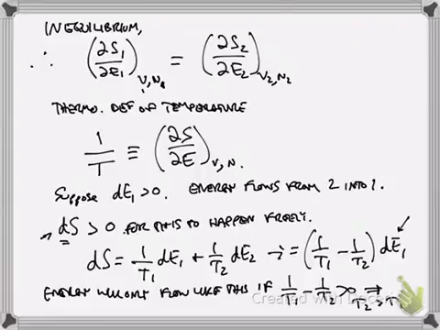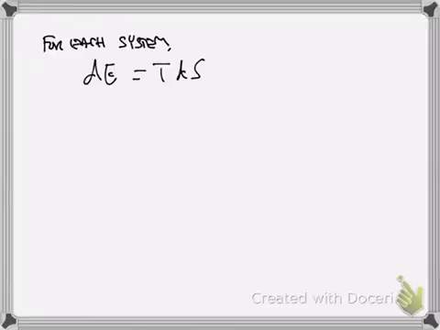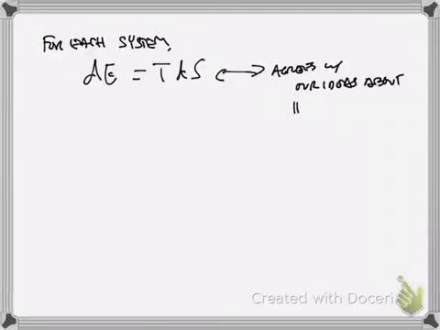So moving on for 1 second here, we can also see that for each individual system, we actually do have that dE is T dS. All right? And so this agrees with our ideas about heat transfer.